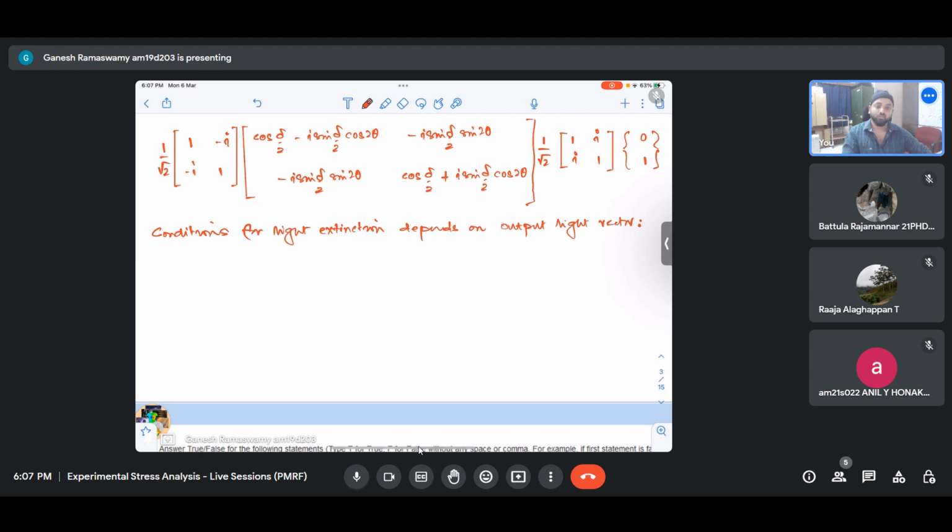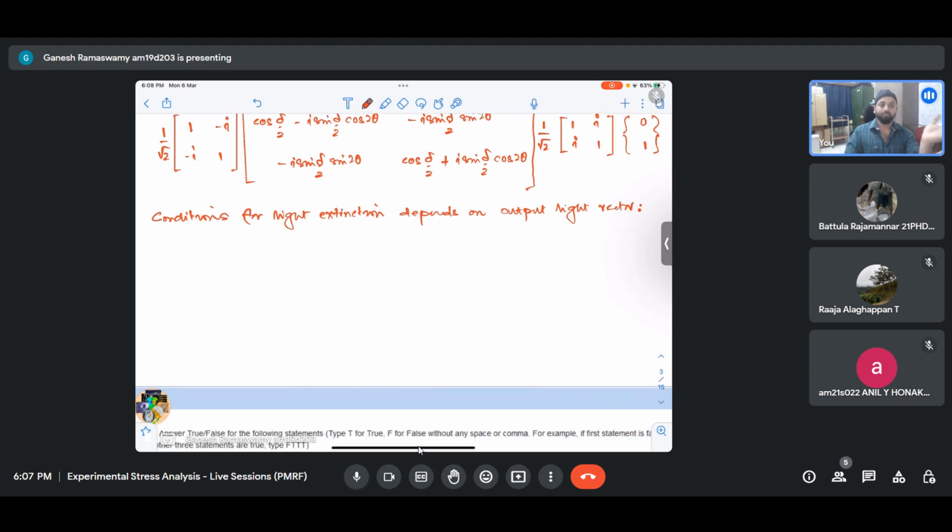So in the case of plane polariscope, our output light vector was light input sine square 2 theta sine square delta by 2. So the light could be extinguished, meaning it could form a fringe where it could be parallel to the principal stress direction at that point.